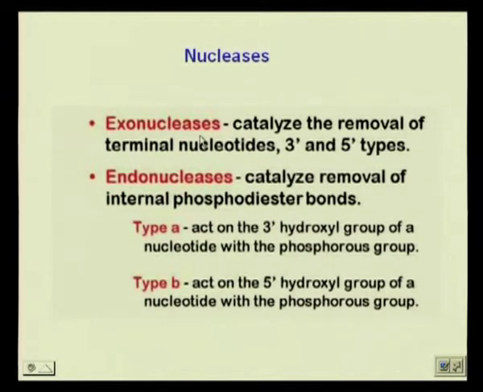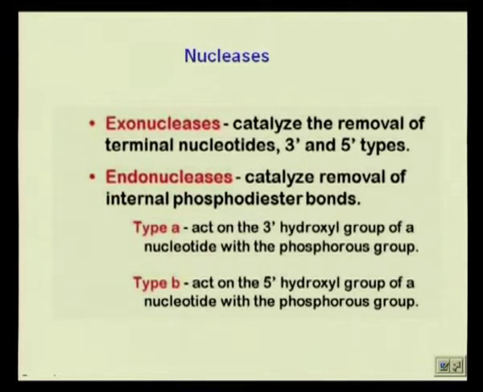Exonucleases chop off nucleotides from the ends. Okay? So, when you are chopping off a nucleotide from the end, then you have an exonuclease. You have an endonuclease when you remove the internal phosphodiester bonds, that is something that is within the chain. Again, you have 2 types there because you have 2 bonds.